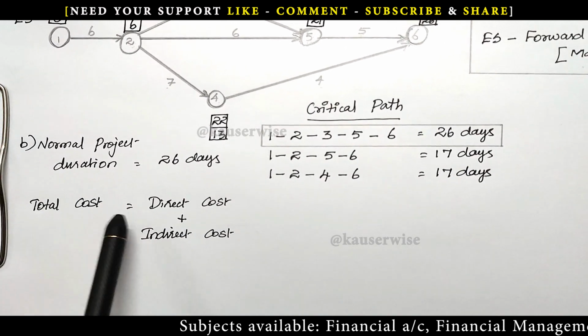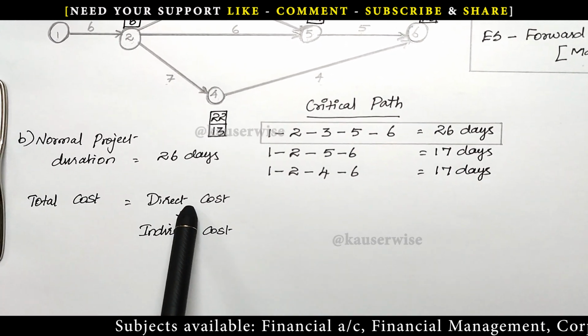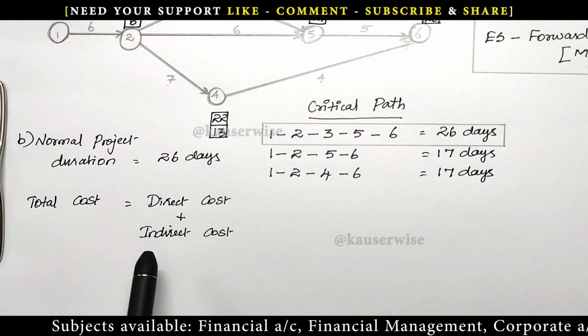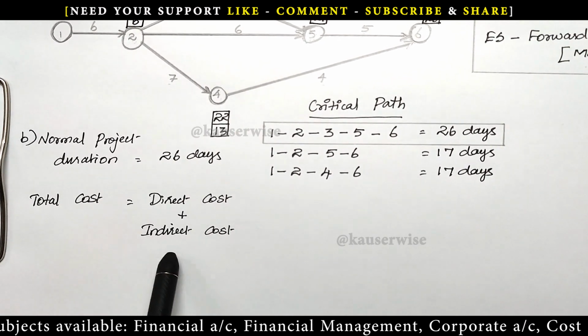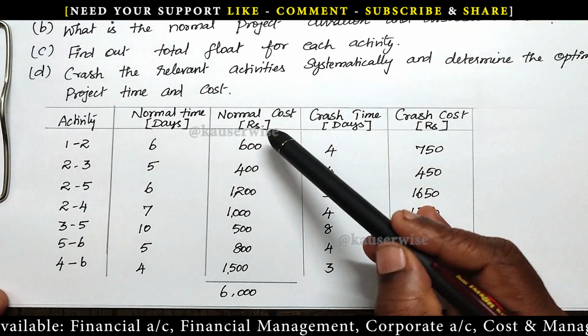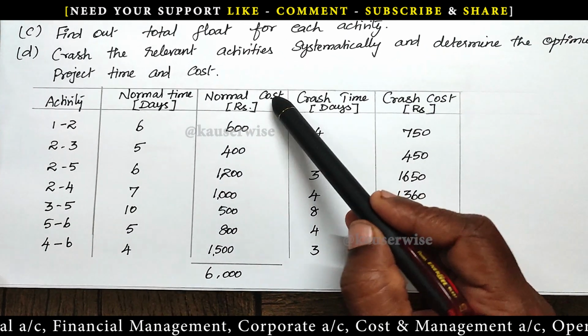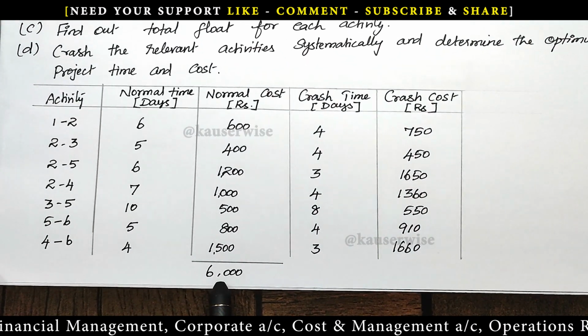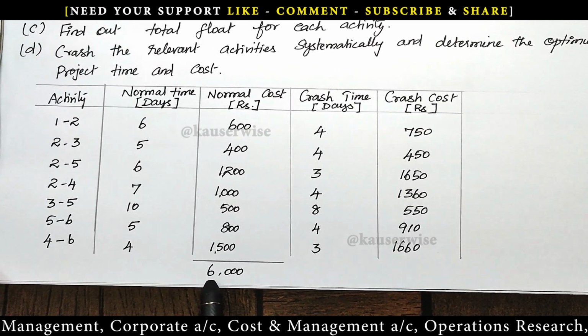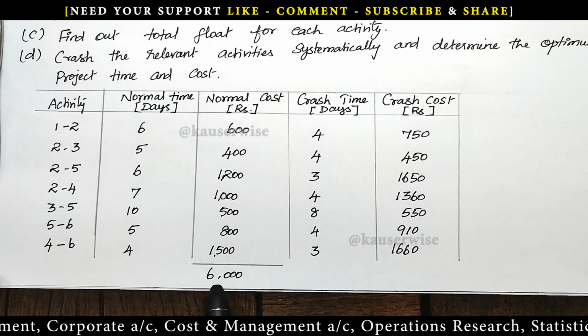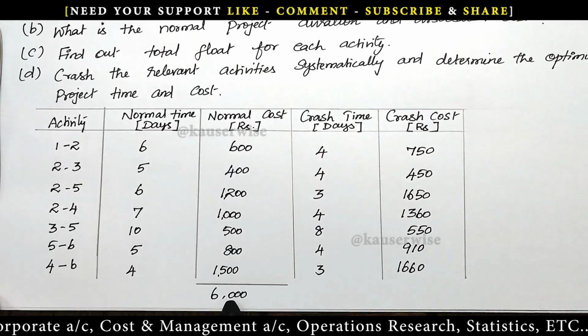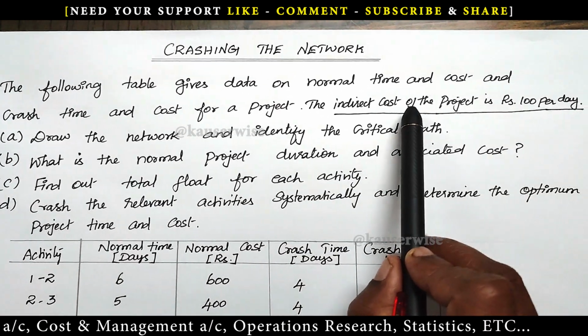Total cost is equal to direct normal cost plus indirect cost. For that, see the problem. Here they have given normal cost for each and every activity. What is the total cost? Normal cost amount is 6,000. This is the normal direct cost. The second one is the indirect cost, also given in the problem.